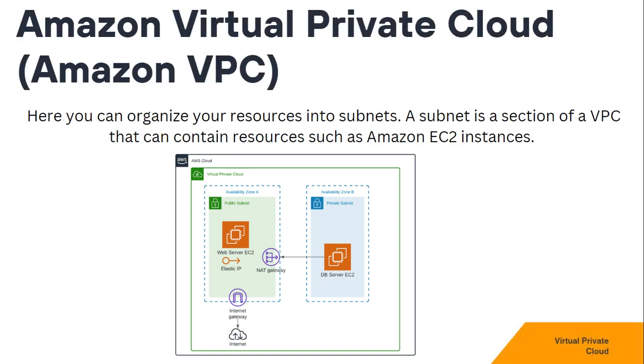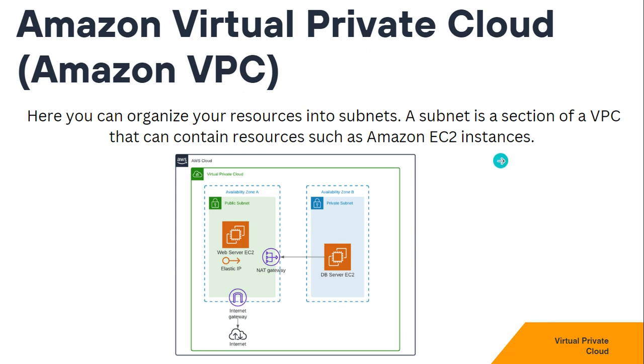Here you can organize your resources into subnets. So what are subnets? In general terms, subnets are chunks of IP addresses you use to organize or group your resources. Here it says a subnet is a section of a VPC that can contain resources such as Amazon EC2 instances or databases or anything.